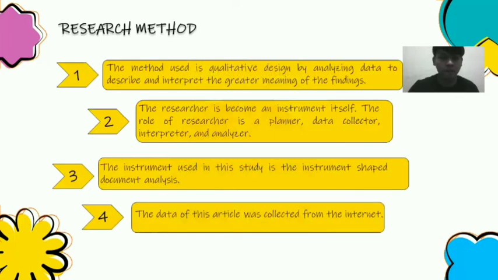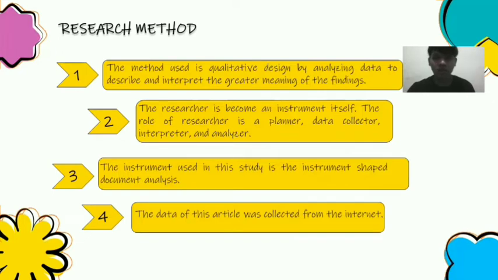Okay, so that's it. And here's the research method that I use when I analyze the data, I mean, when I do the study. The first is that the method used is a qualitative design, analyzing data to describe and interpret the greater meaning of the findings. So I use qualitative design to analyze my data, when I describe or interpret it.